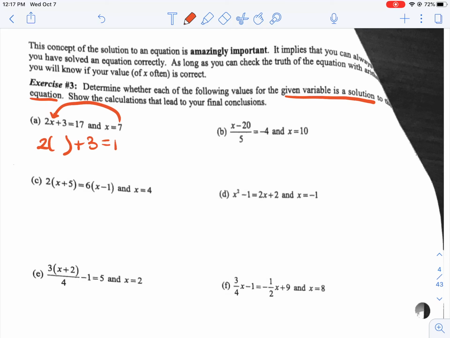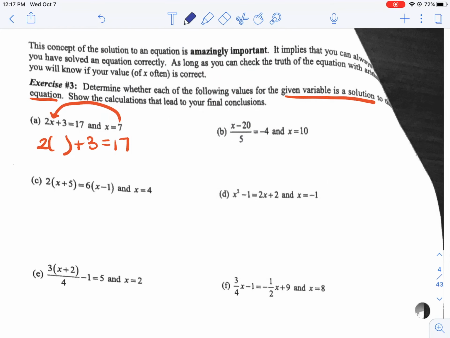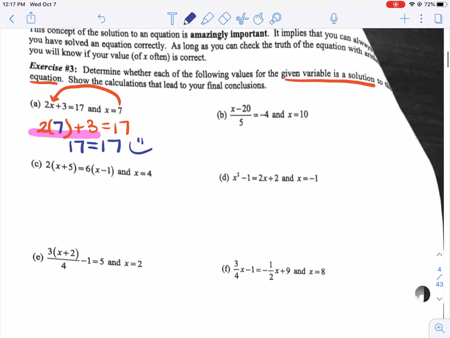Instead of putting in x, we're going to put in 7. On the left side we evaluate: 2 times 7 is 14. 14 plus 3 is 17. So 17 does equal 17. Woohoo!